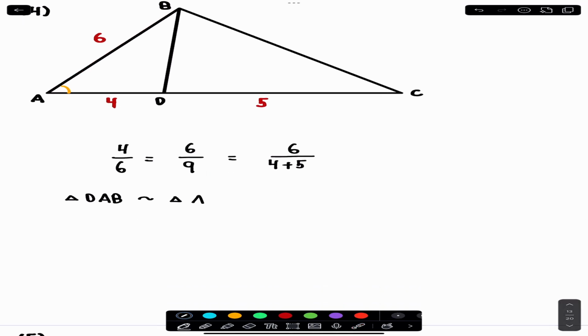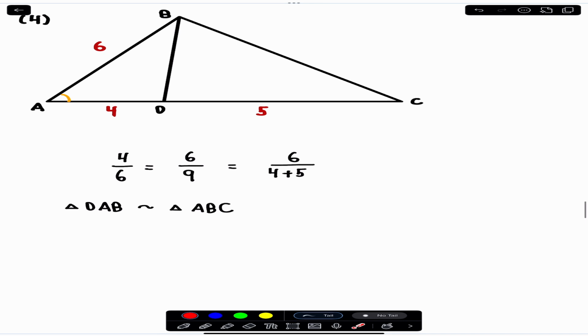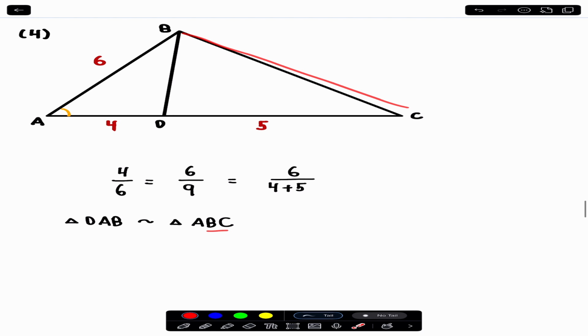So AB has to come first and to complete the triangle with C. Let's see, does that make sense? So we can check DA, 4 over AB, 6 equals AB, 6 over BC.